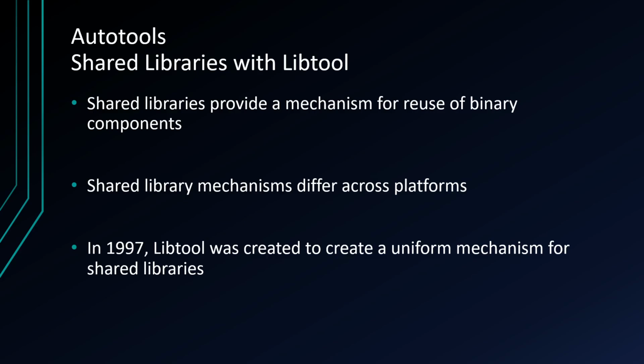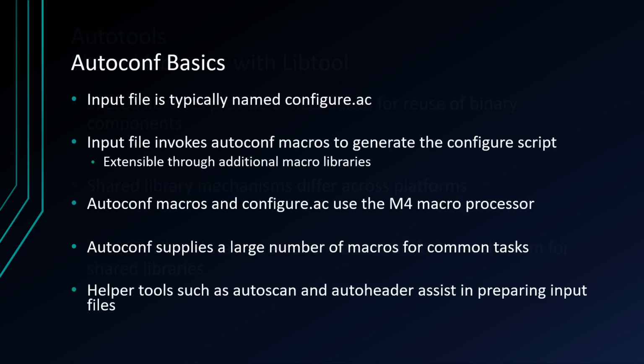Certainly Windows doesn't use dlopen or dlsym. So in addition to saying how to build a shared library, Libtool has basically an API that provides a uniform interface for accessing shared libraries as a reusable component.